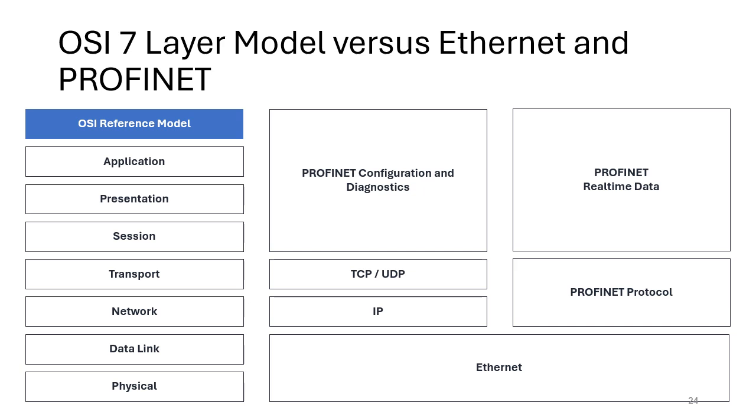But on the PROFINET side, on the right, you've actually got the PROFINET protocol, which uses those low-level Ethernet frames, and it doesn't use TCP or IP at all. It's its own protocol running directly on the Ethernet network. And then above that, we have the PROFINET real-time data. So that's where you have the RT or the IRT part.